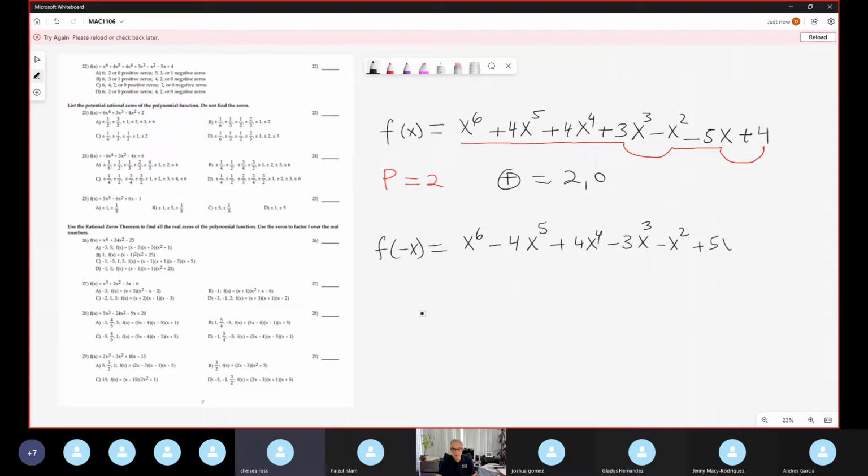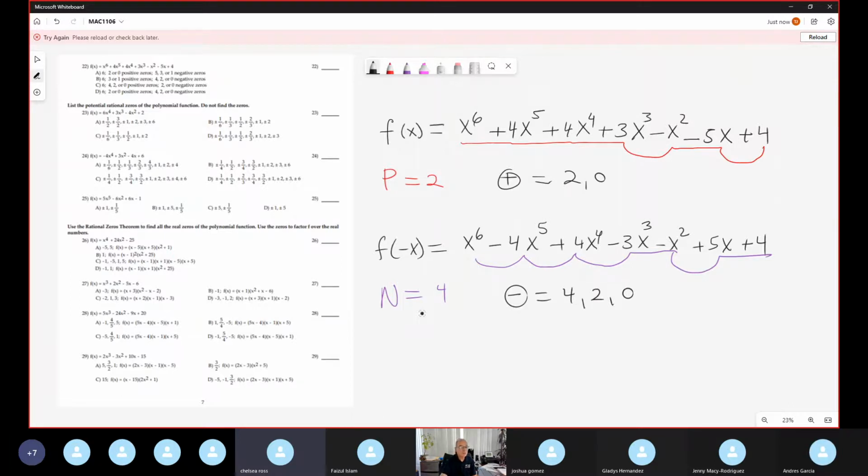Plus 5x changes. Entonces the negative, guys, the changes of sign in the polynomial when you are doing reflection is 1, 2, 3, 4. Now the amount of negative zeros is 4, 2, or 0.